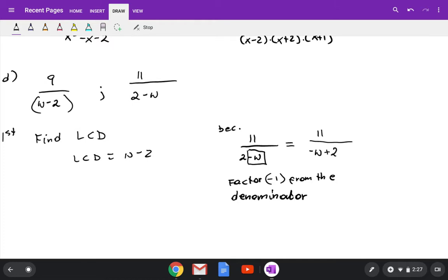So this is the same as 11 over negative w plus 2. Our denominator still doesn't look the same as the denominator of the first fraction. The first fraction has w, we have negative w. The first fraction has negative 2, we have positive 2.